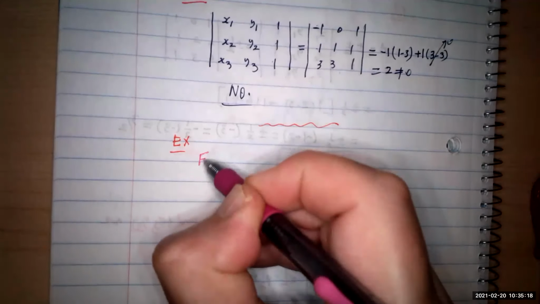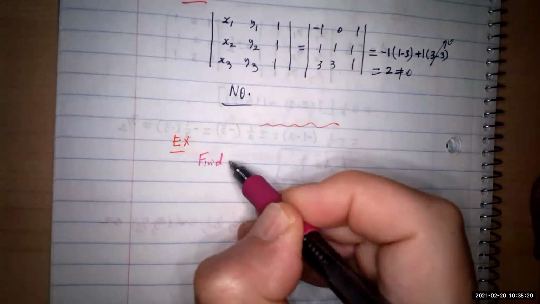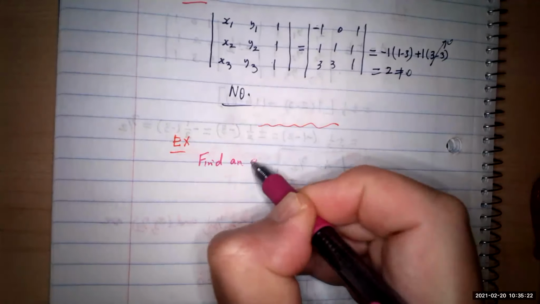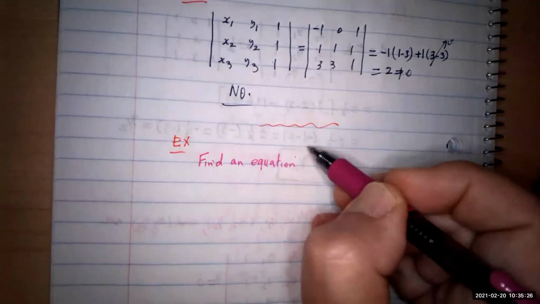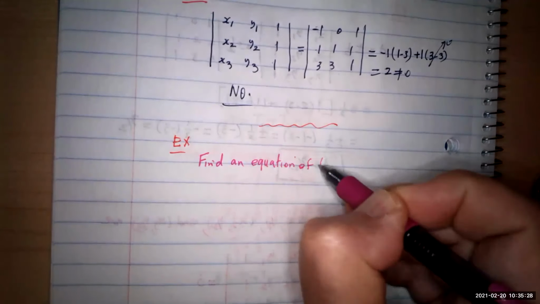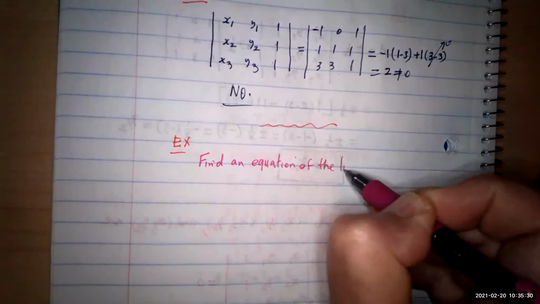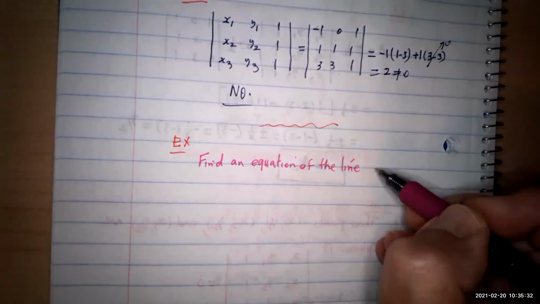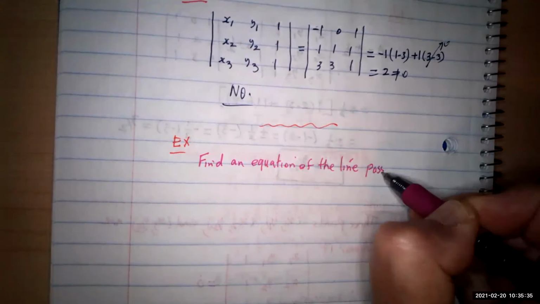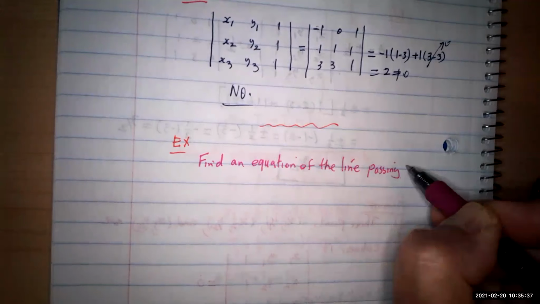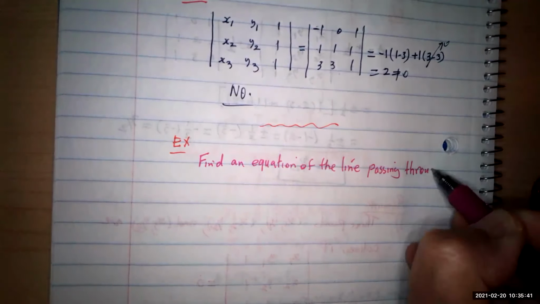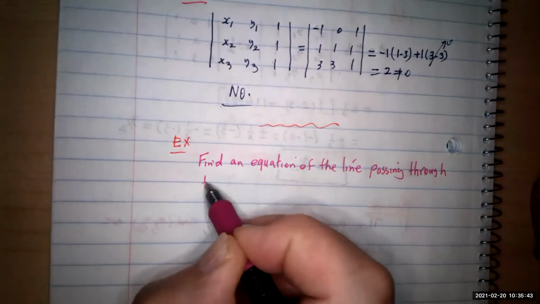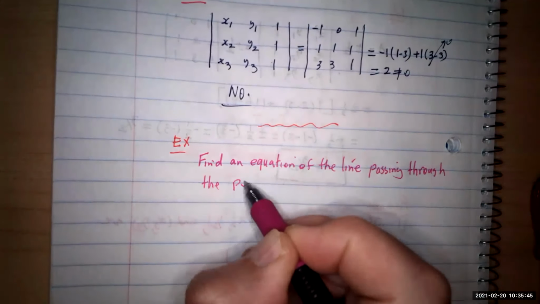So we want to find the equation of the line passing through the points.